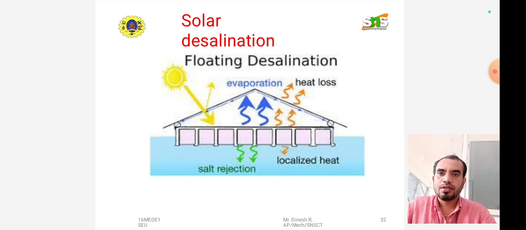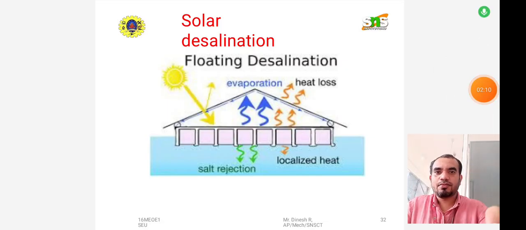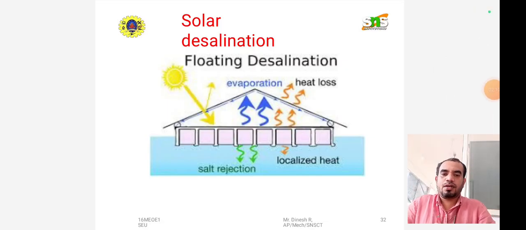This is the basic introduction of solar desalination, and then the theory and description of the basin type solar still. So let's see the theory and description of a basin. Two basic approaches have been proposed for using solar energy to distill saline water.